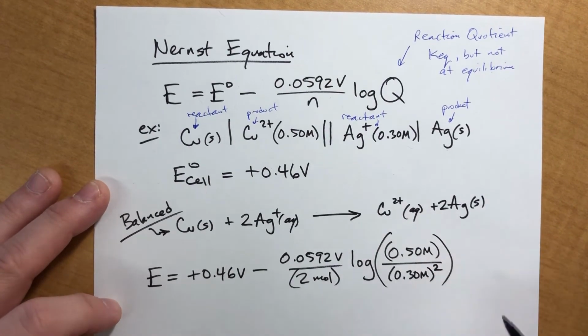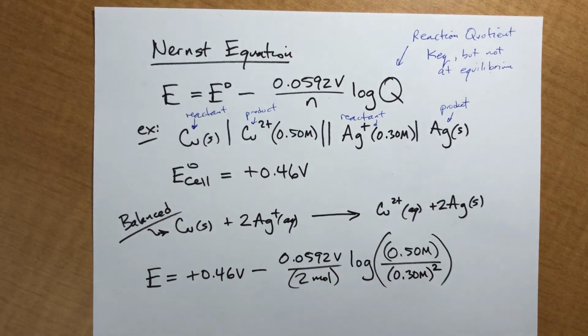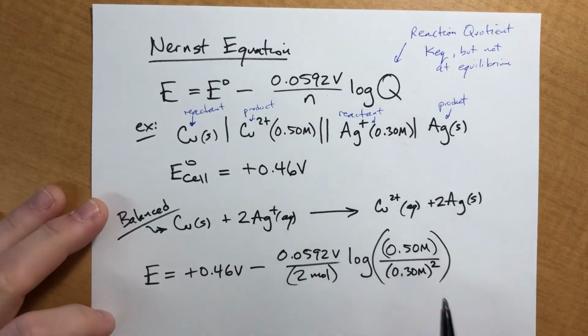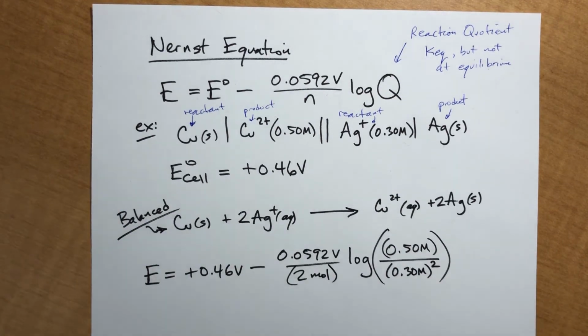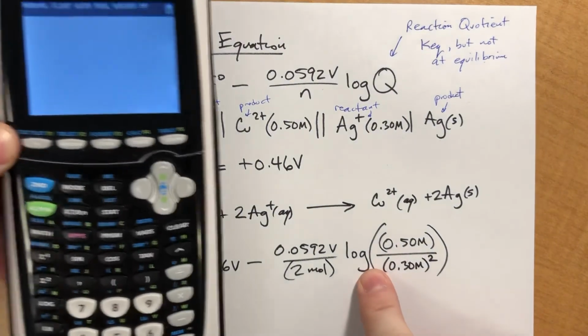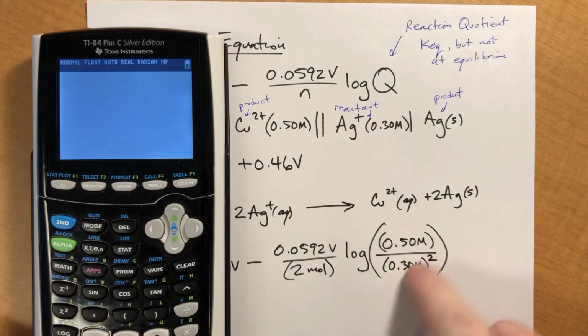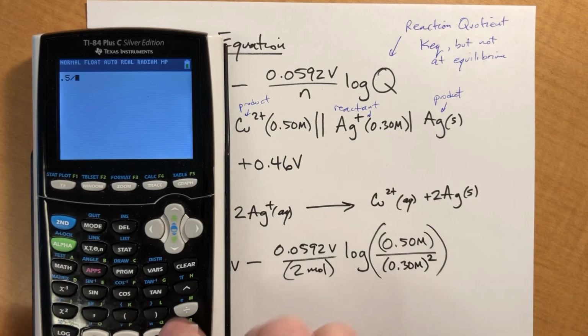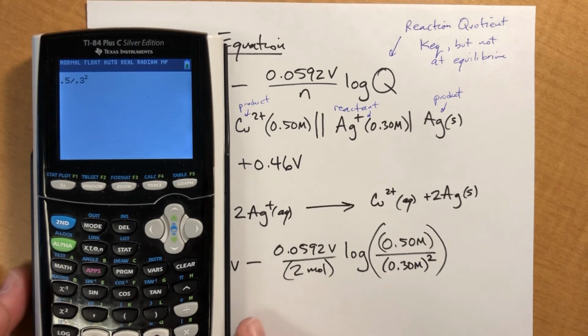Okay, so it looks a little messy, but if you plug all this in, let me grab my calculator. Okay, I'm going to do the log part first. I'm actually going to do all of this, which is 0.5 divided by 0.3 squared.